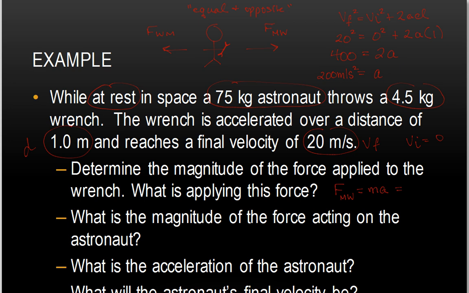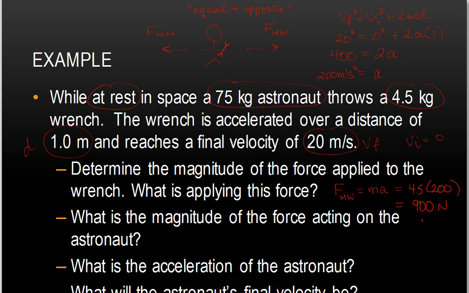It's a force applied to the wrench. Force is directly proportional to mass and acceleration. So which mass do you use? The 4.5, right? Because that's the mass of the wrench. So we have 900 newtons.